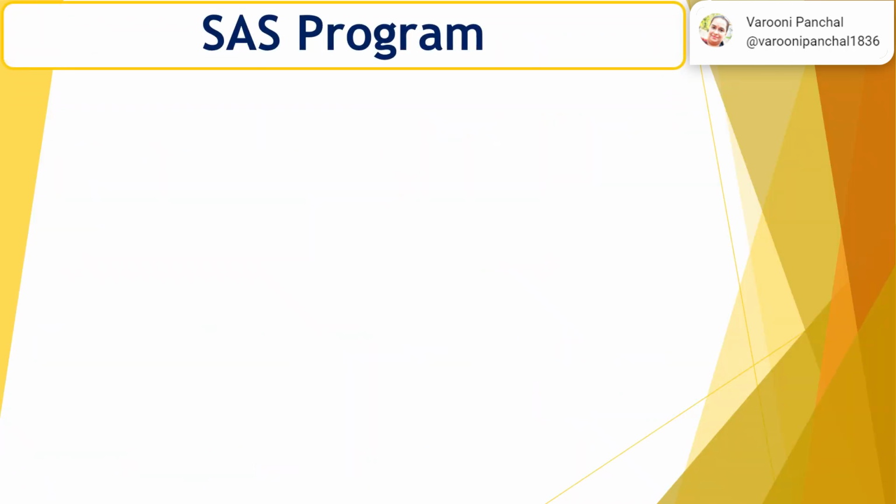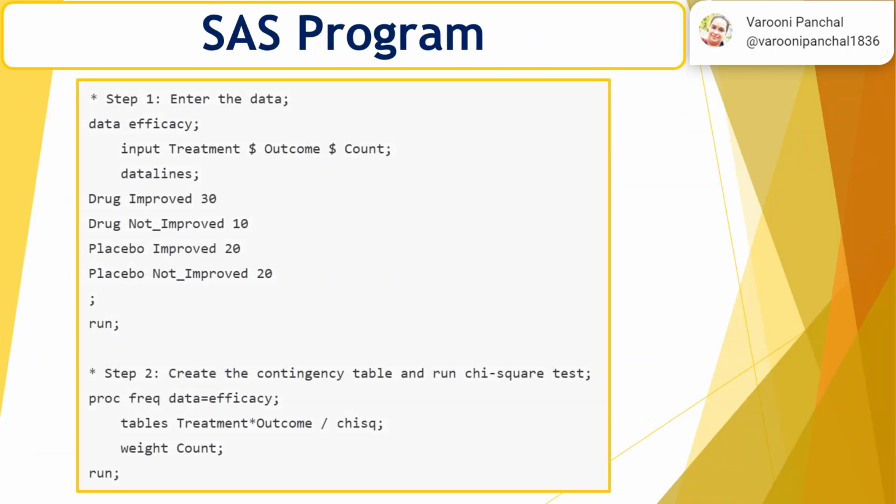Now, if you want to understand the SAS program, I'll quickly explain it here. Step 1 is to enter the data. This is my data step, and this is the input statement: the treatment, the outcome, and the count. So I will have three columns.